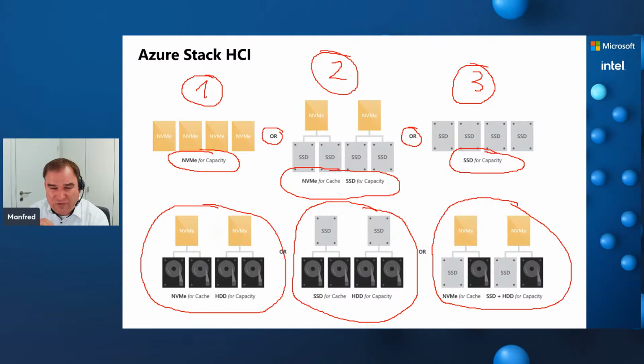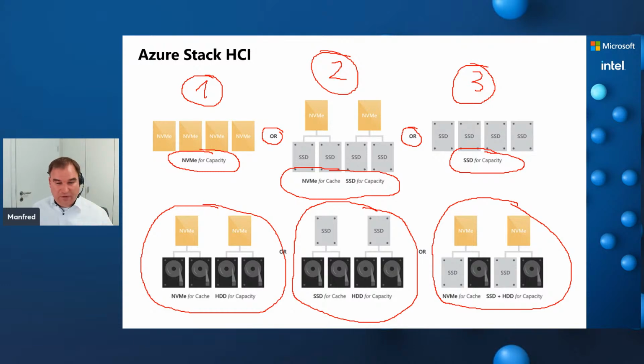Actually, I don't really know an OEM partner that provides this configuration. It would be possible, but I think the prices of the hard disk drives and the SSDs are so close to each other that maybe the last option is interesting from the technical perspective, but nothing we would build in a production environment.